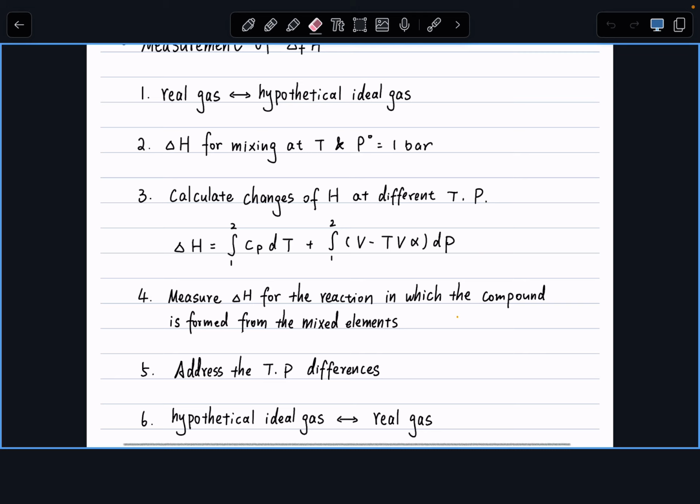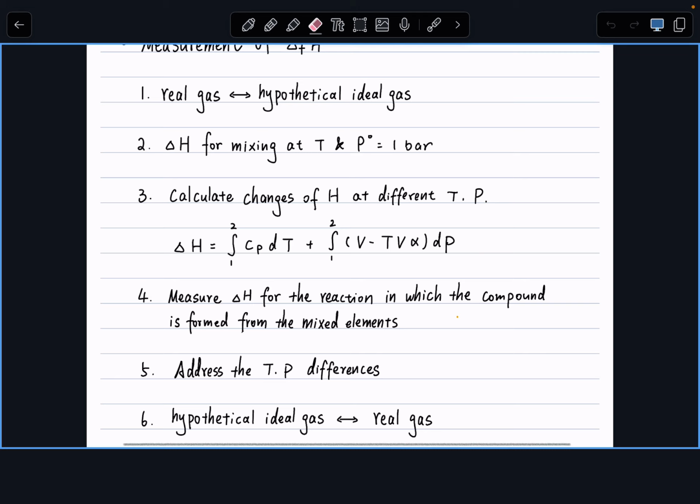And then, what about the next? Now our H2 and Cl2, we first started from ideal H2 and Cl2. We translate that into real H2 and Cl2. We mix the real H2 and Cl2, my reactant, in a chamber. We have them react using my calorimeter. And now we have my HCl, which is my product, as a real gas at certain temperature and pressure for my calorimetry to take place.